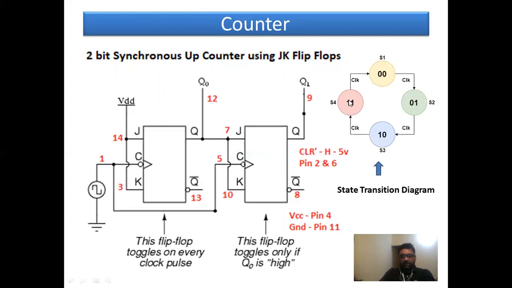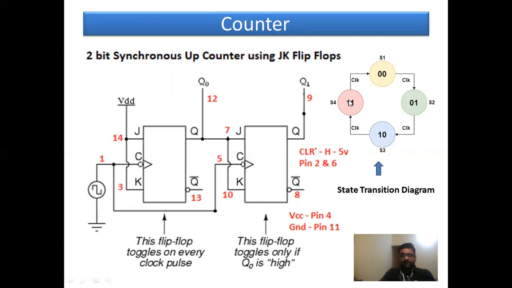For all these synchronous sequential circuit designs, I think you have an understanding of how to design one. It has certain steps. The first step is your state transition diagram. Then the second step is your state transition table, where you write the change in state.